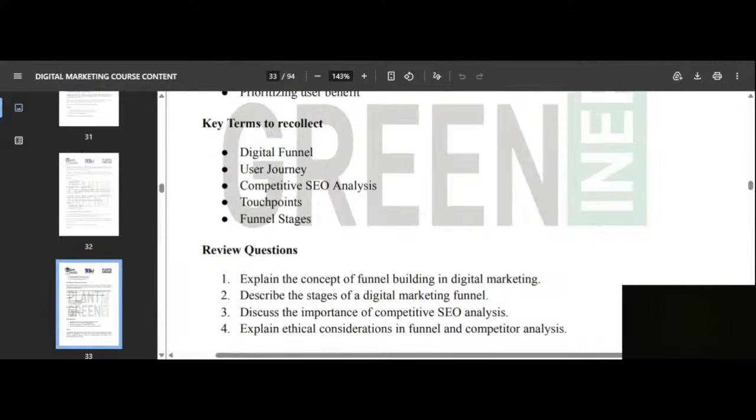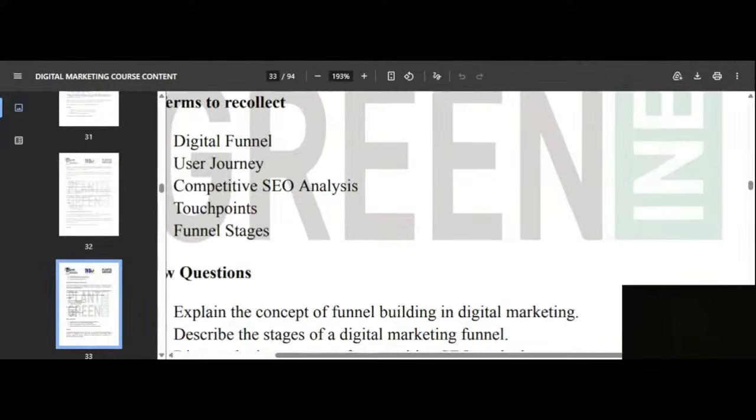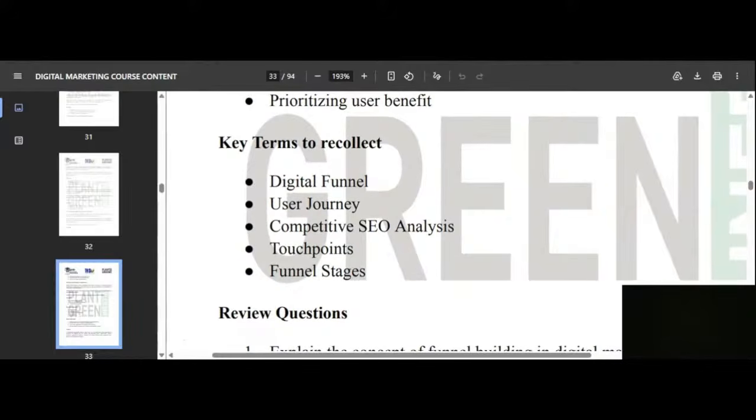These are the key terminologies that you need to recollect. Please take down notes of these five key terminologies that we have discussed today, as this will be very beneficial for you to understand the overall foundation of digital marketing.